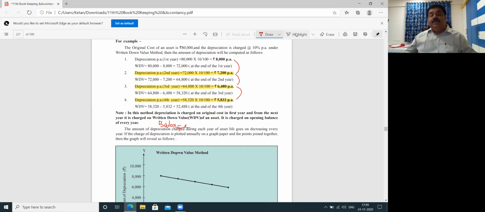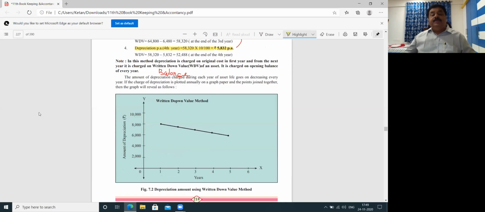Okay. Now look at the diagram. The amount of depreciation charged during each year of the asset life goes on decreasing every year. If the charge of depreciation is plotted annually on the graph paper and the points joined together, then the graph paper will reveal as follows. Look, you can see here now.